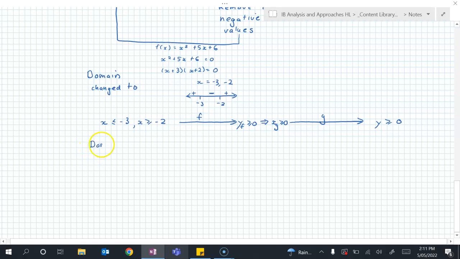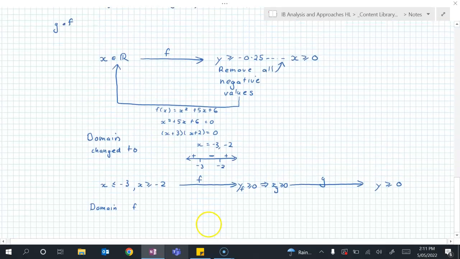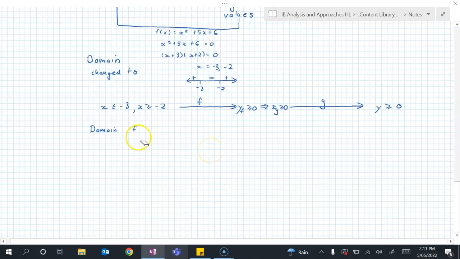So the domain, what was the order here? It was G composed with f, is x less than or equal to minus 3, x greater than or equal to minus 2, and the range of G composed with f is y greater than or equal to 0.